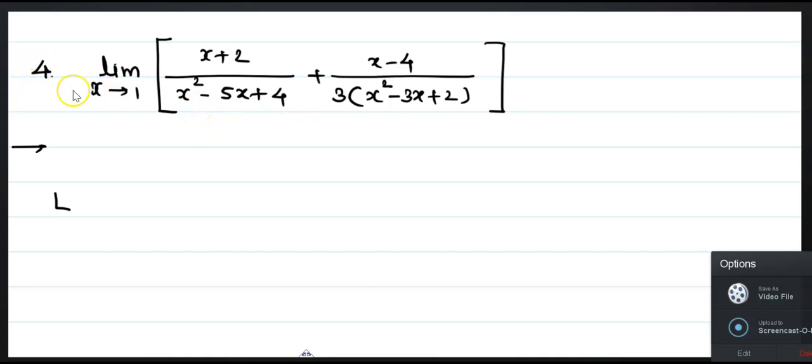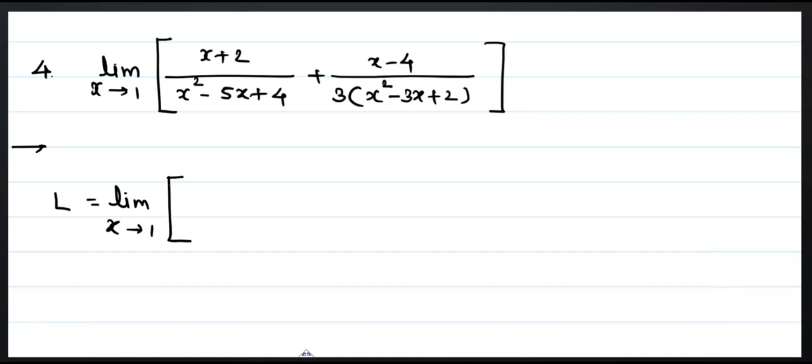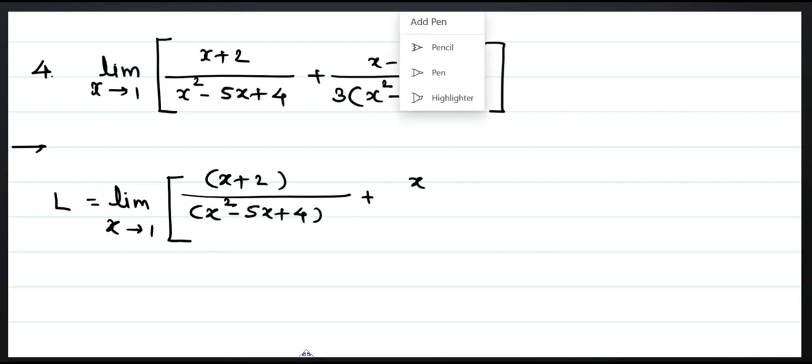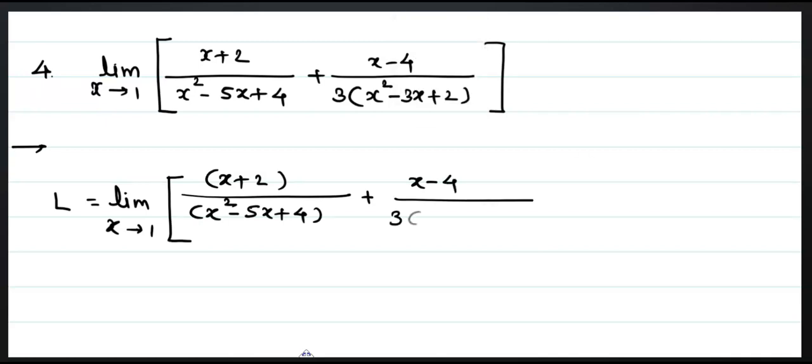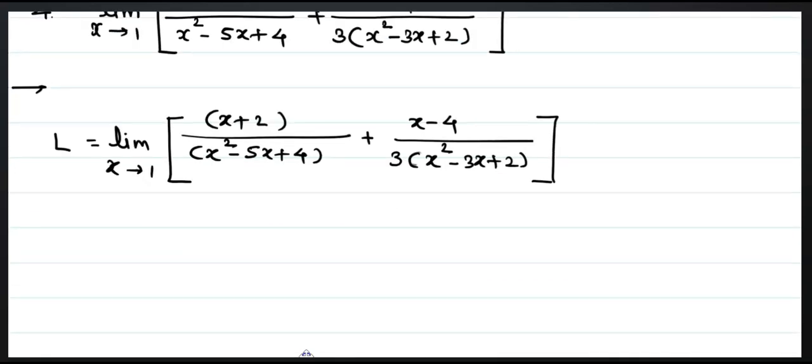Therefore, what is the cancellation factor? Cancellation factor is x minus 1. But first of all, we factorize this. See this again. x minus 4 upon x square minus 3x plus 2.